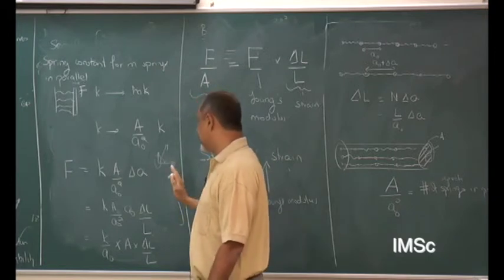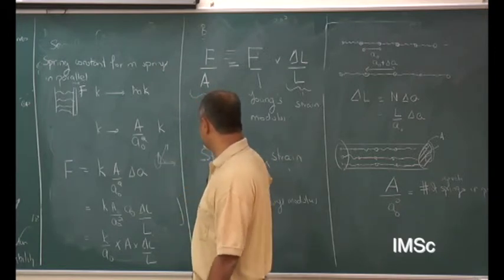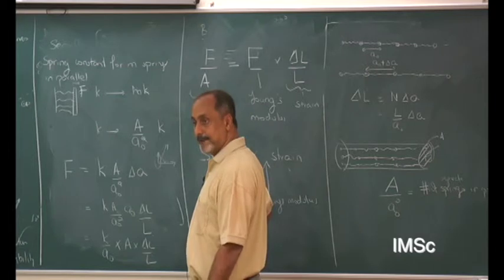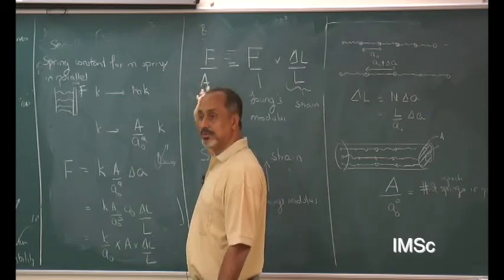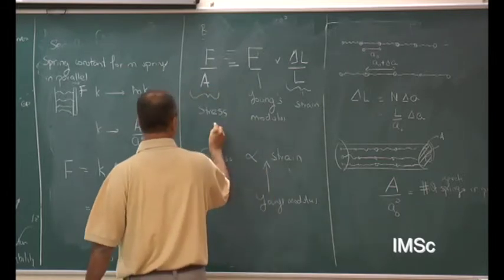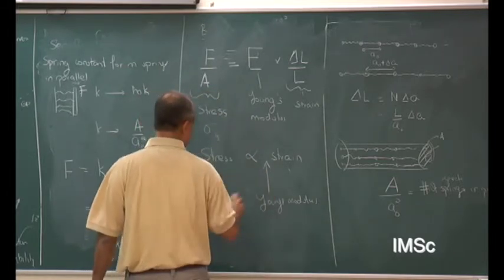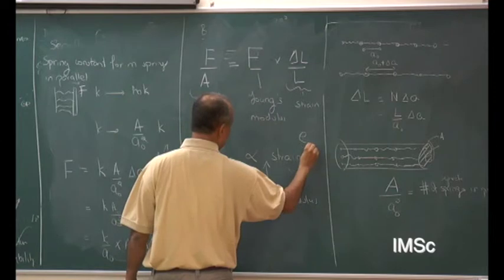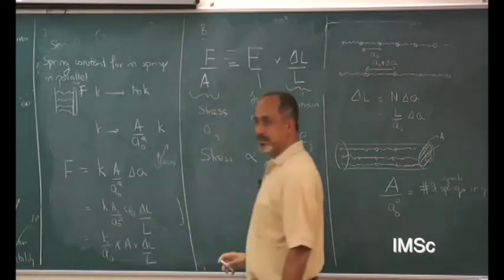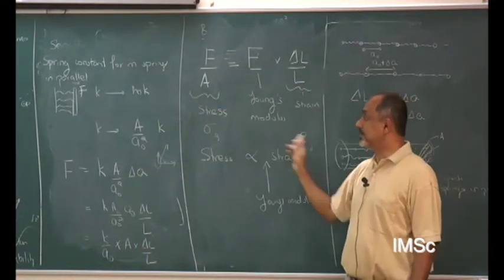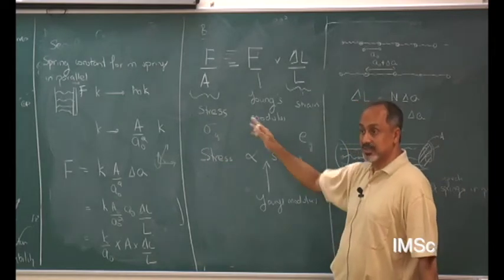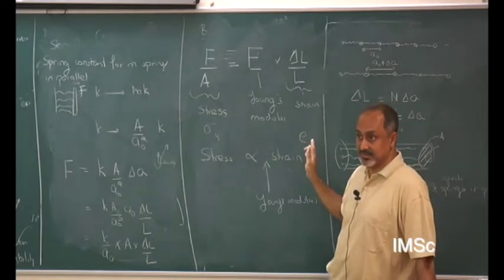It will turn out that that relationship then becomes a tensorial relationship between stress and strain. And strain now will have two components. Stress will have two components. The stress will be replaced by some quantity called sigma ij, and the strain will be replaced by some other quantity called Eij, where there are two components here. This is a very simple description of just one of those components, just the diagonal components of the stress and the strain.